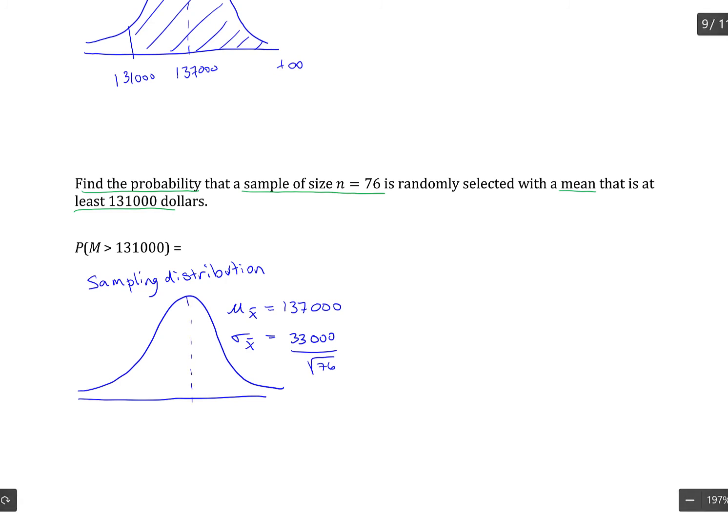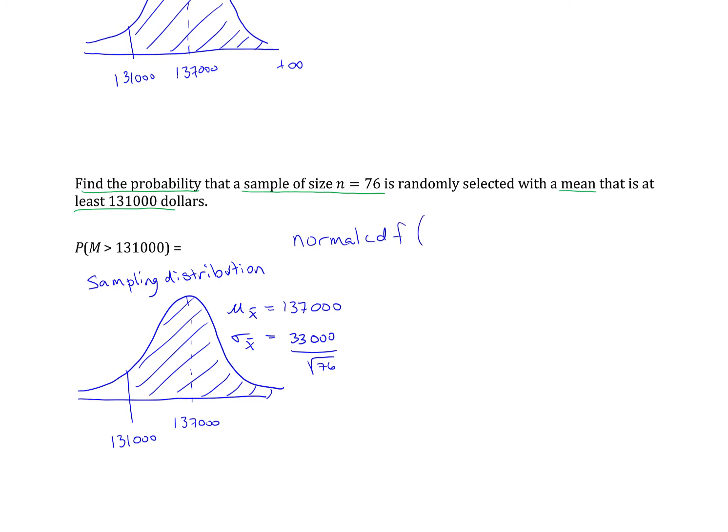We'll see how that happens in just a moment, but for now I'm going to just show you that none of the inputs here have really changed much. We're still working with normally distributed sets of data. We're still shading to the right. We're still using the point of interest of 131,000. So the only thing that has changed is our standard deviation.